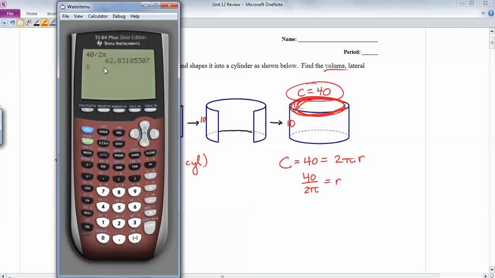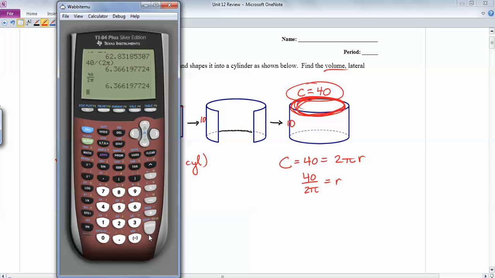So you're getting 20 times pi instead of 40 divided by all of 2 pi. So you'd either have to do it like this, or you could do that shortcut, get the numerator over denominator, and do 40 on top, and then you don't have to worry about this being all underneath.